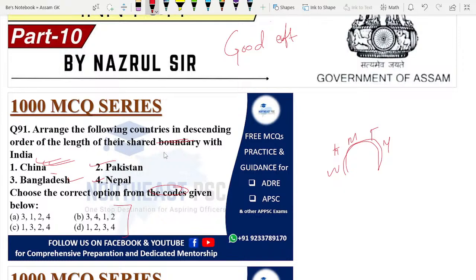Pakistan shares a border with Rajasthan, Gujarat, Punjab, and Jammu and Kashmir. Nepal shares boundaries with West Bengal, Bihar, Uttar Pradesh. This is a fair geographical understanding that you should know.